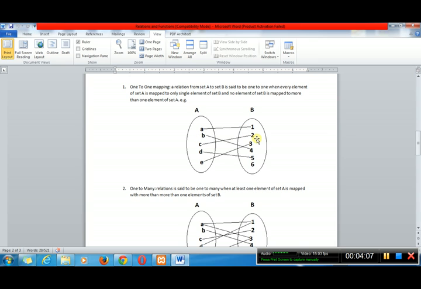This set B is called the codomain, where the codomain represents the whole set from which the range is drawn. So the range is essentially a subset of the codomain. I think it is clear what the domain, codomain, and range are, right?